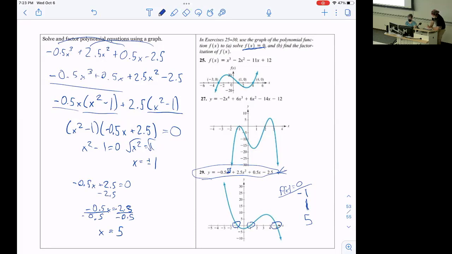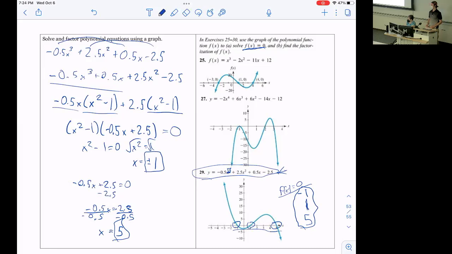And if you notice, we have our plus or minus 1, and we have our 5. That's the same as our roots over here. So when we factor things, we're really just looking at the roots of these graphs where f of x is equal to 0. So that's all we're solving for.